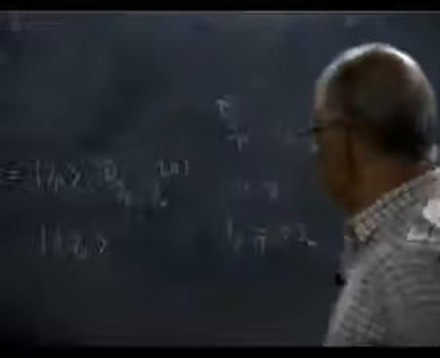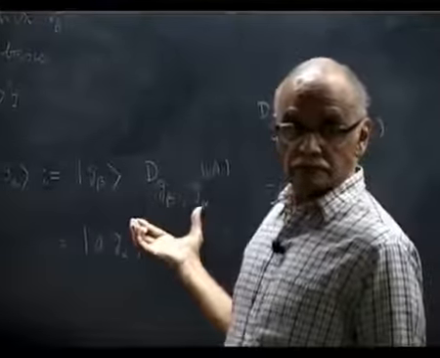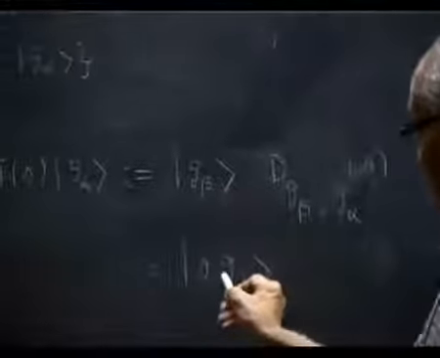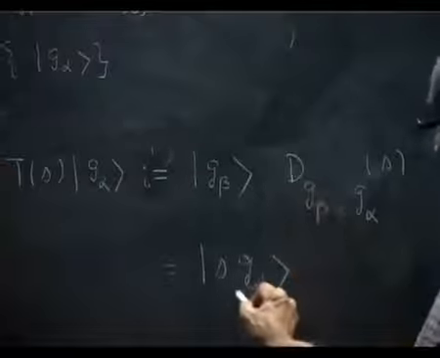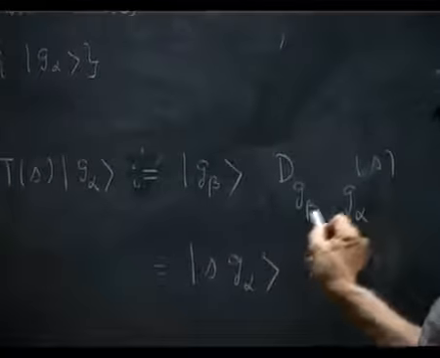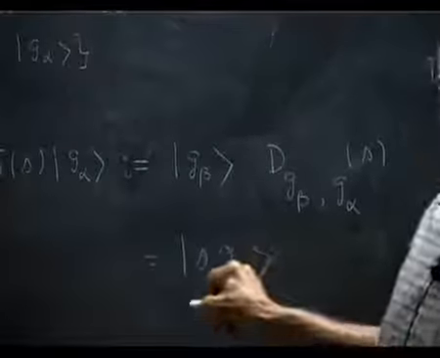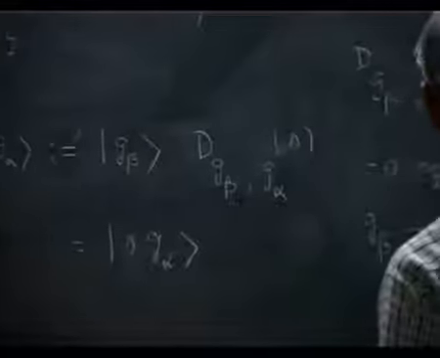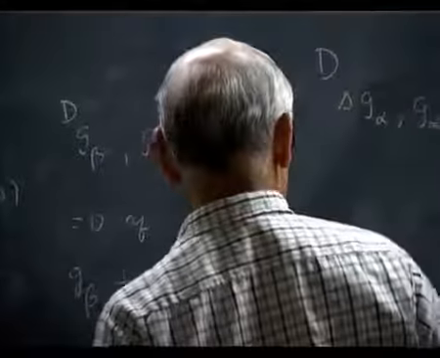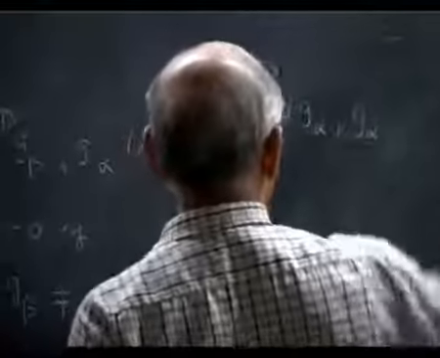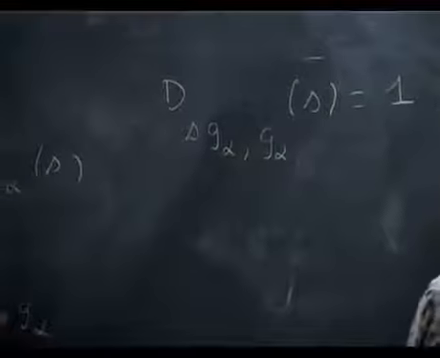I am trying to compute these matrix elements. There is only one non-zero element. When I am going over all G beta, this must coincide with this. So this is 0 unless G beta is equal to S G alpha. This is 0, and d of S G alpha, G alpha, of S is 1.